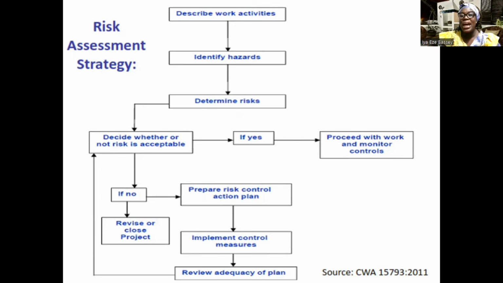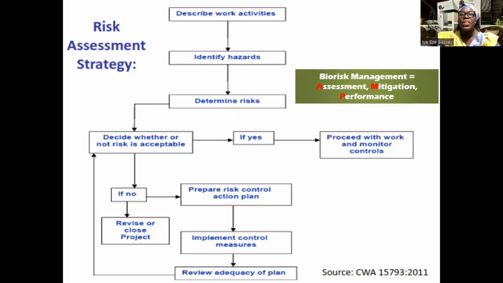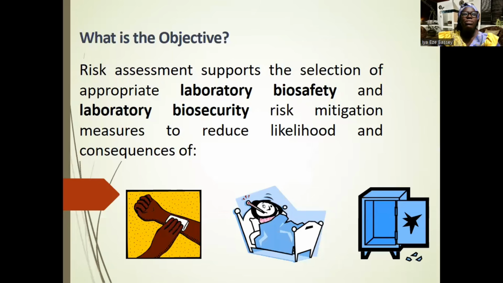If they are not, I can review it to make it better. All right. And when I do that, I have to now decide whether the risk is still acceptable or it is not acceptable. All right. So this is the Biorisk assessment mitigation performance model.